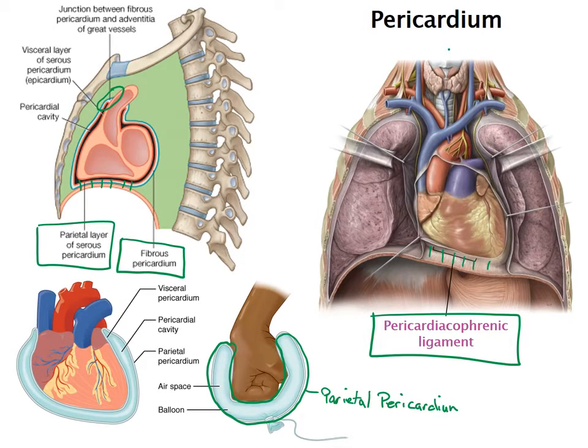Between the visceral and parietal pericardium lives the pericardial cavity. And again, this cavity is filled with serous fluid to create a frictionless environment for the beating heart.